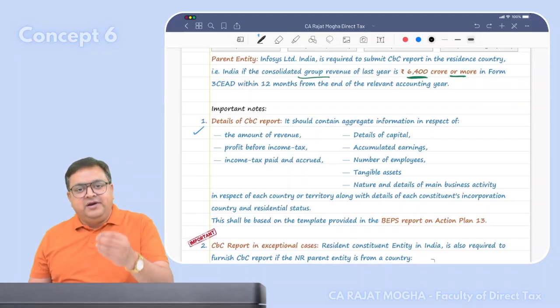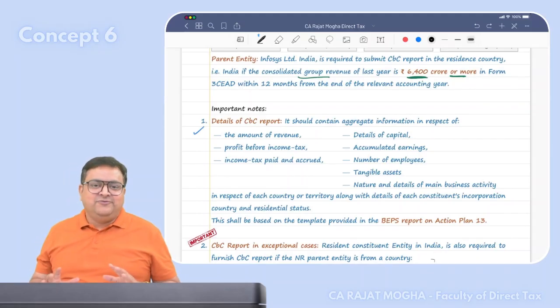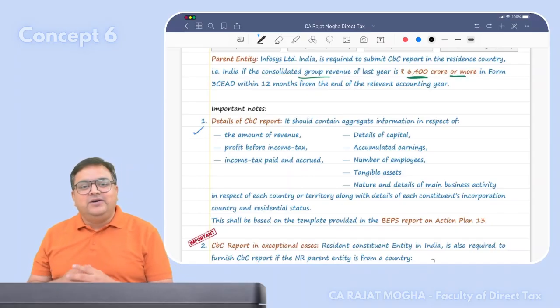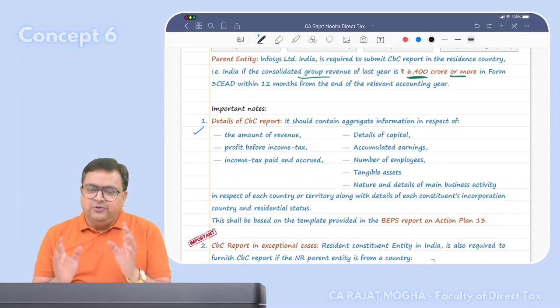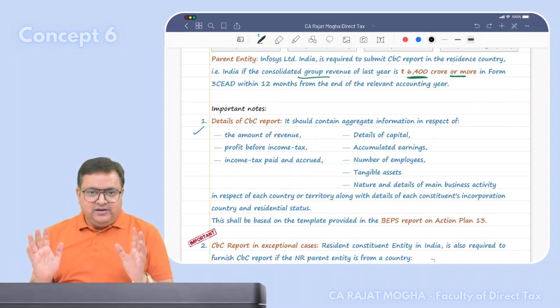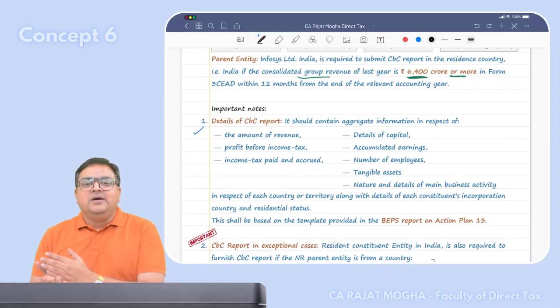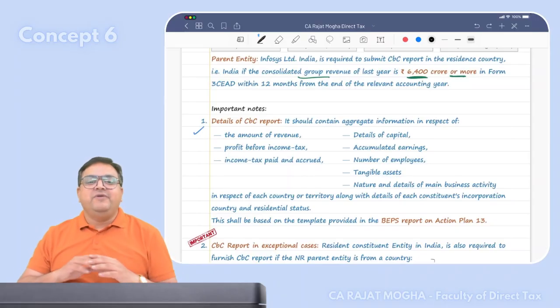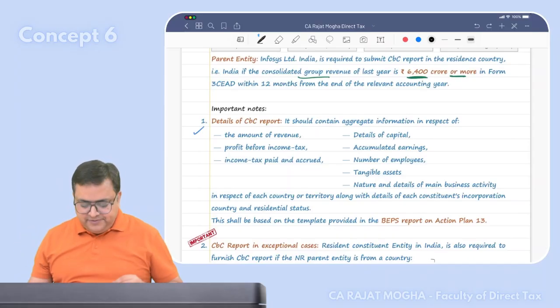If you are going for an international taxation interview, then the one thing they will surely ask is, do you know how to file CBCR reporting? And it's easy, not difficult. Students who already know, know that it's not very difficult. Obviously we are chartered accountants, so it may be a little complex, but not very difficult. And for students who don't know, it doesn't matter. It is very easy. You will learn.